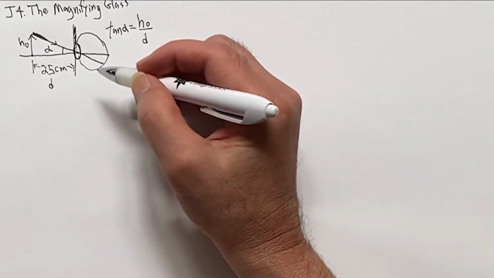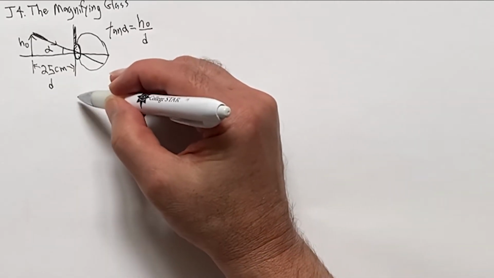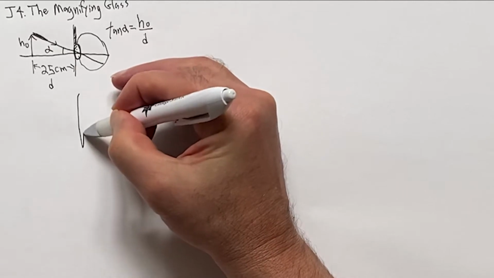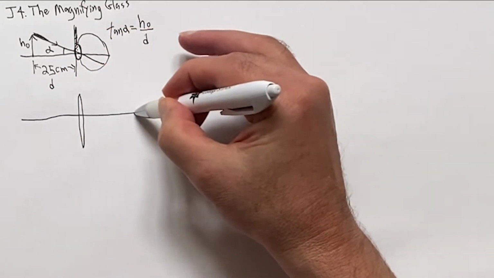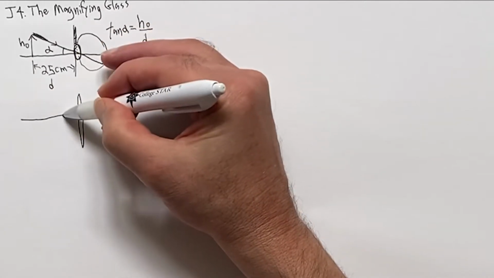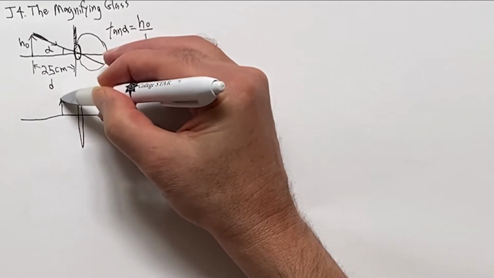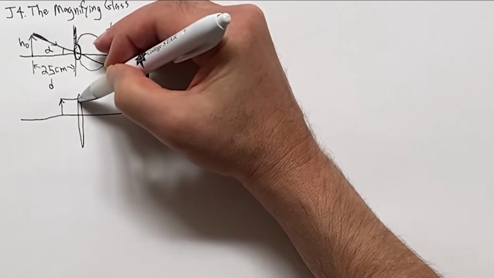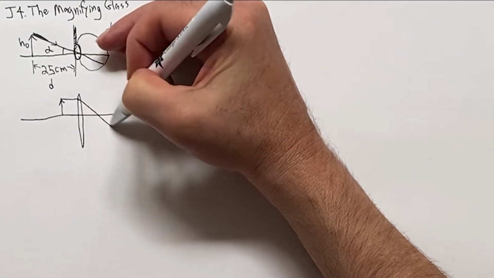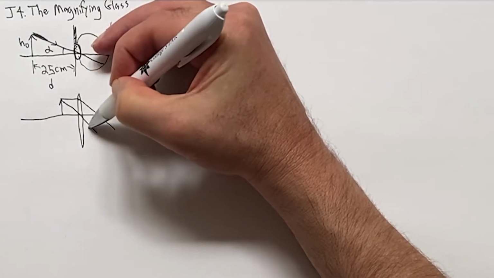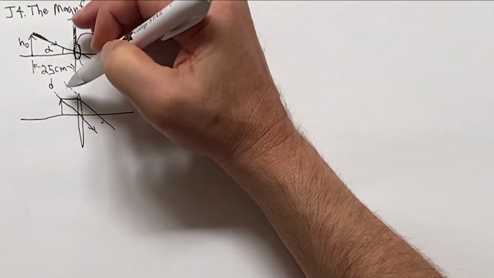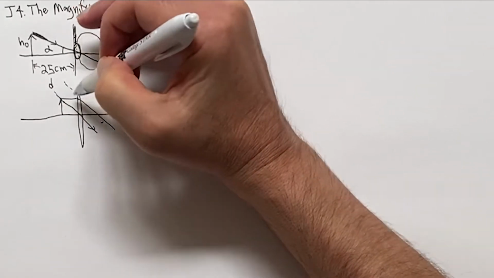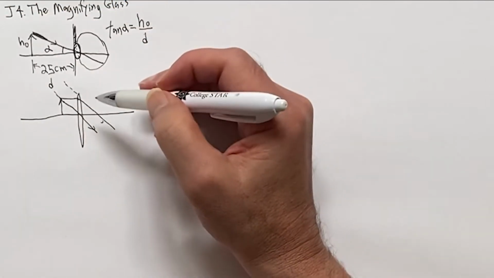Now, what the magnifying glass does is let you bring something closer to the eye, and what's going to happen here is it's going to move the image farther back so you can see it.